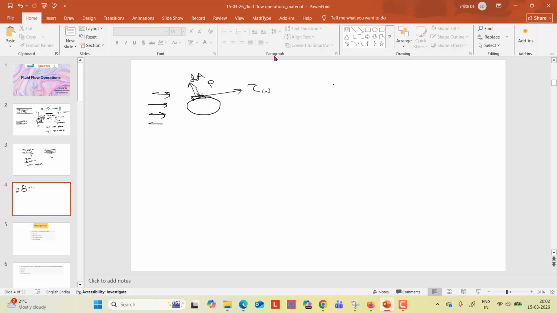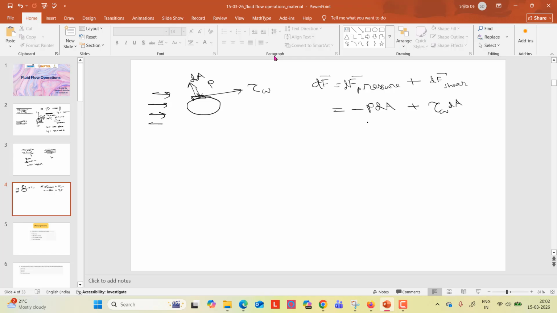So the total force dF on this small area will include the pressure force, that means the perpendicular force, and the shear force. The perpendicular force is minus P dA, because pressure acts in the opposite direction, and the shear force is tau W dA.